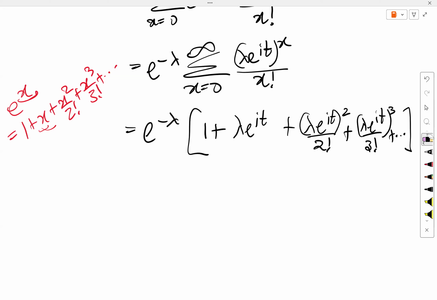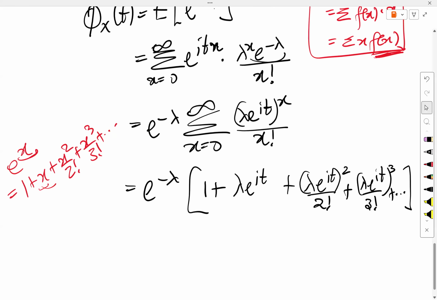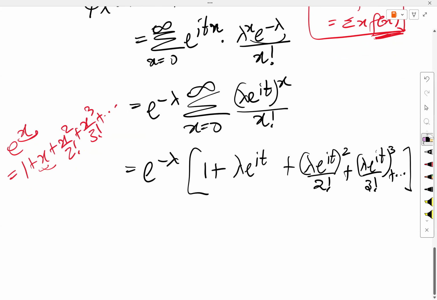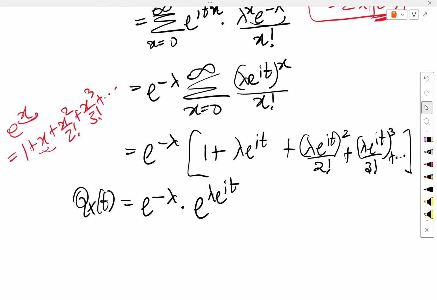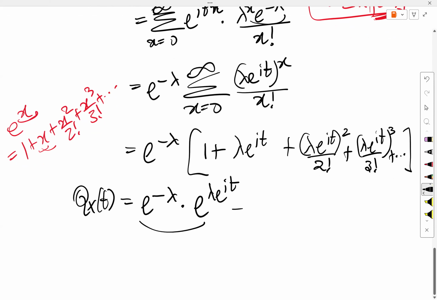So in essence, we can say that phi x of t is simply the same thing as e raised to the power minus lambda multiplied by e raised to the power lambda e raised to the power it, basically. So you can leave it this way, or you can tidy things up. Let me just take it down.